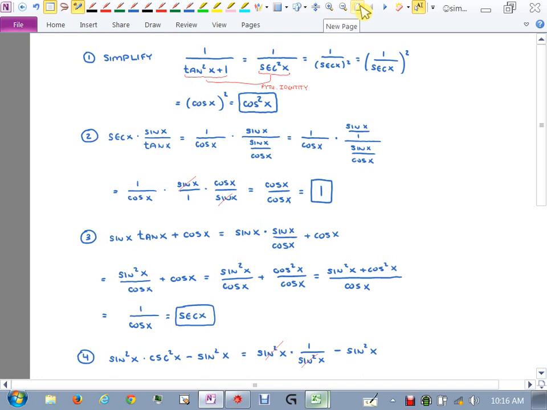That's the whole idea of an identity, that you just have to figure out a way to get from one side to the other, you know? And the only way you can do that well is if you're comfortable with all the trig stuff. And that's what we're testing. How comfortable are you? If I have to tell you, okay, it's going to be just like this, then you're not comfortable yet. Yes?